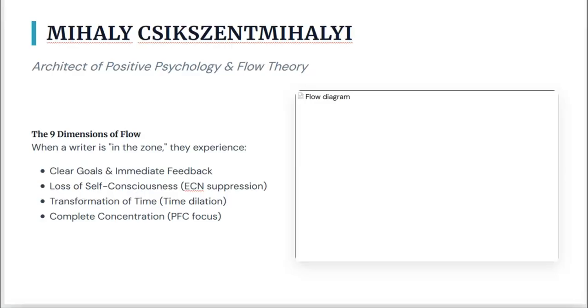Usually only with my sister, who has a PhD in psychology, and he's one of her heroes. So he's the architect of positive psychology and flow theory. Nine dimensions of flow. When a writer is in the zone, they experience clear goals, immediate feedback, loss of self-consciousness, transformation of time, dilation, complete concentration.